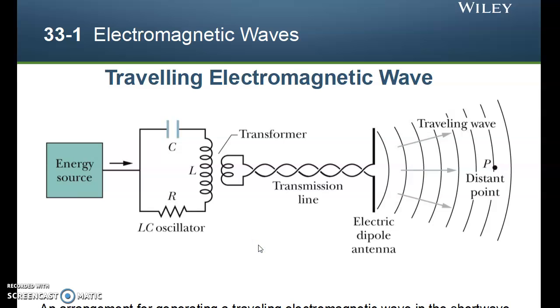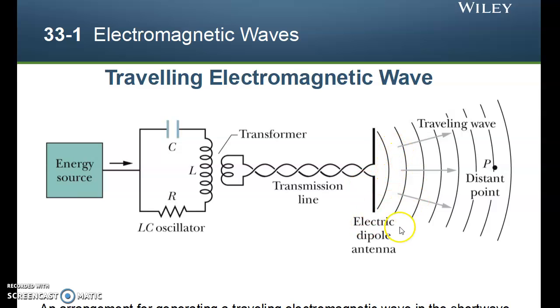Now, electromagnetic waves are generated in the following manner. You have an energy source that feeds into a circuit with a capacitor and an inductor, an LC oscillator. It is coupled with a transformer, and then the transmission line takes it to an electric dipole antenna.